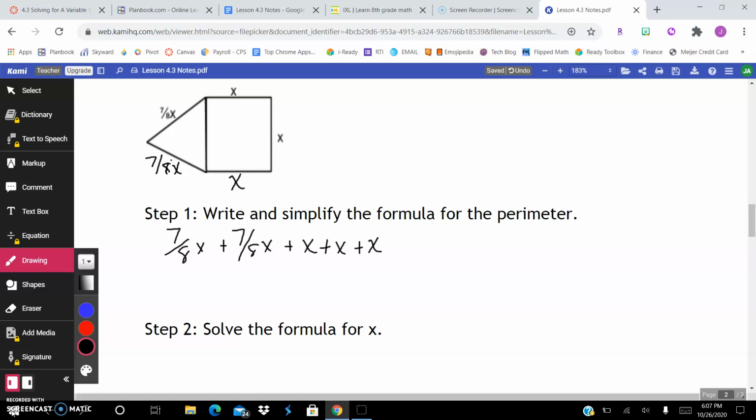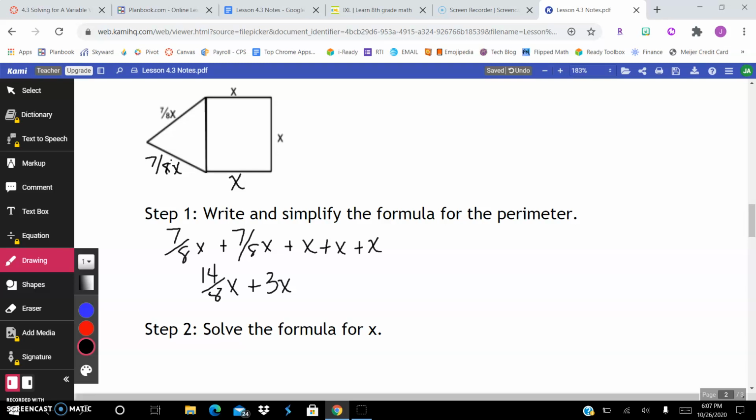So if we simplify that, we will have 14/8 x with the fractions, and we'll have 3x with the regular x's.